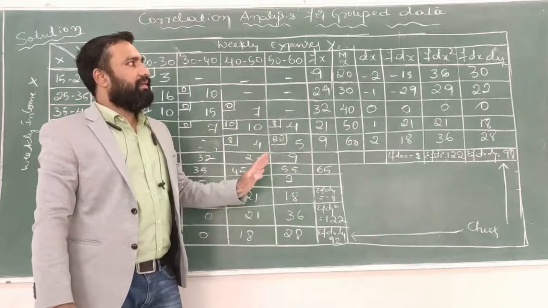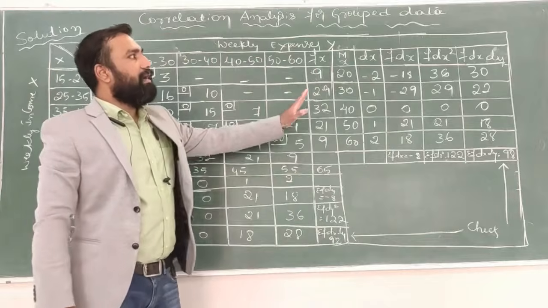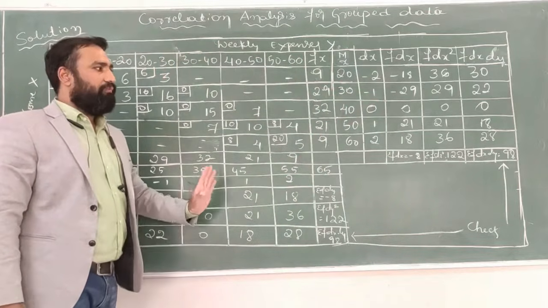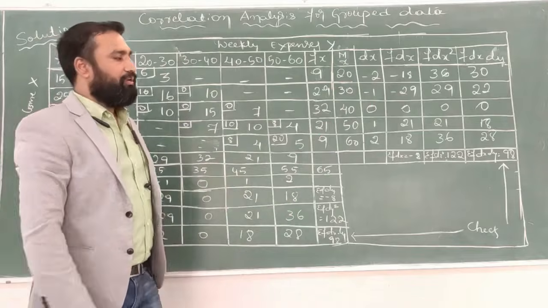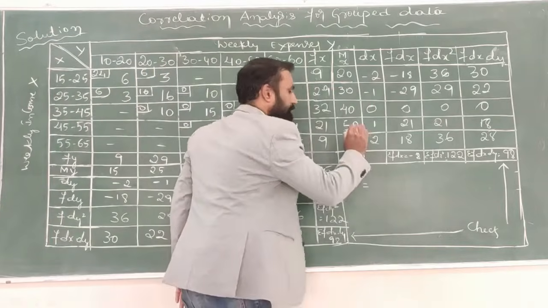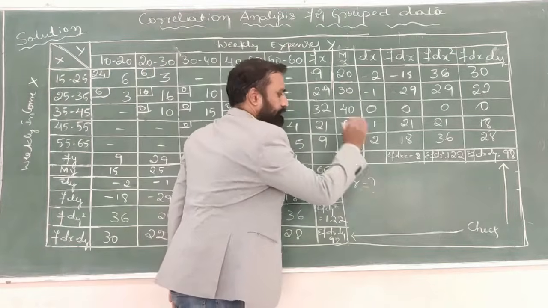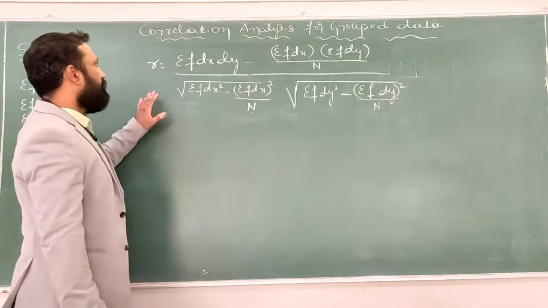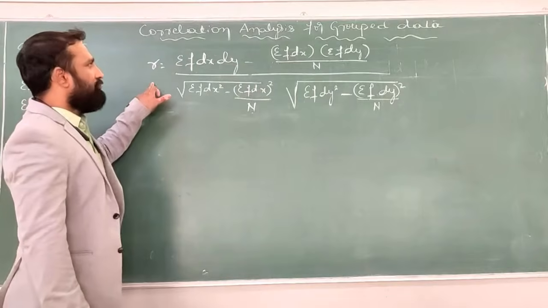The next is, based on these values, we have to calculate the coefficient of correlation R. Now we solve the coefficient of correlation R. So this is the formula.